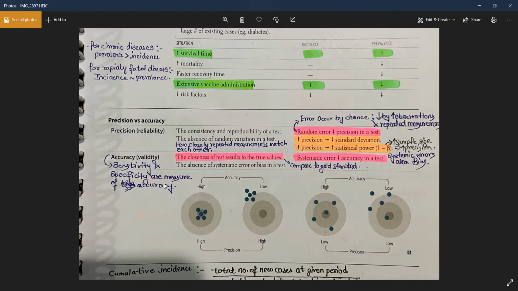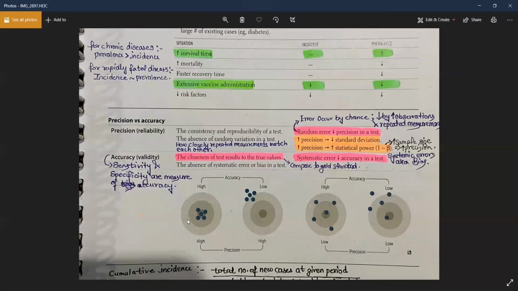Now you develop a new test for the same troponin values, and you are getting values of 205, 208, and 210. These values are very close to 200, so you can say that my test has a very high accuracy relative to the existing test.